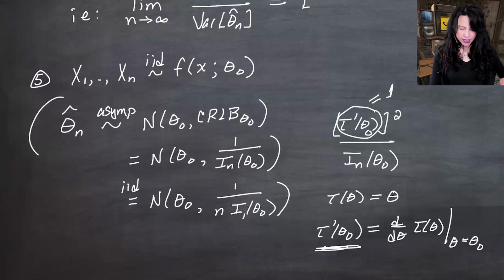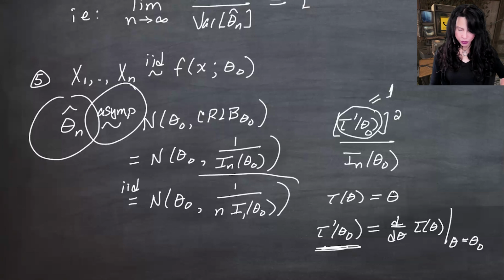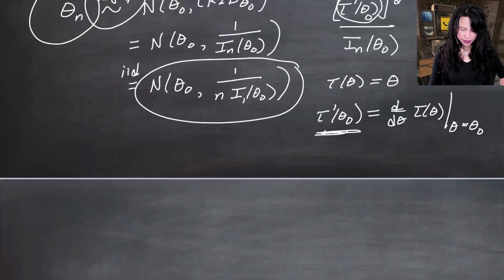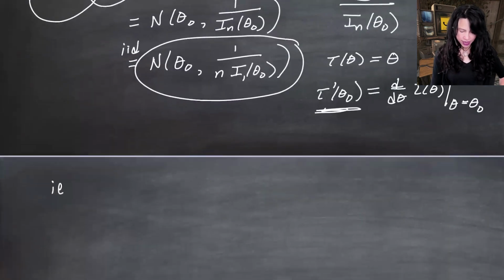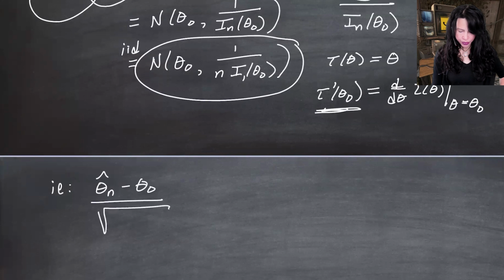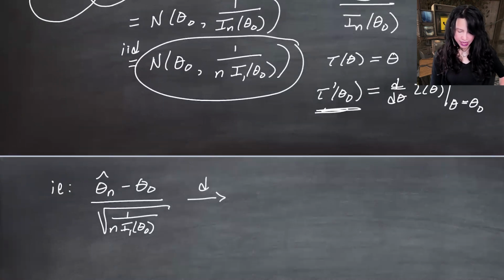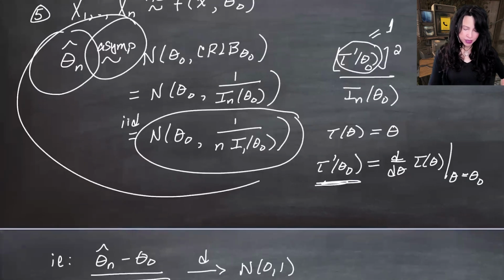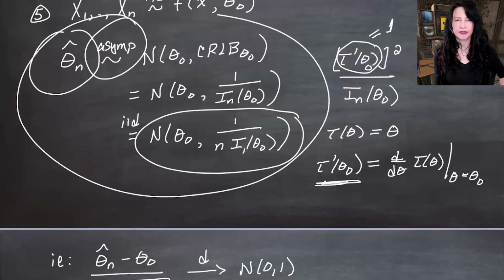So if this MLE is asymptotically normal like this, specifically that means the MLE minus theta naught over the square root of 1 over n times the one-dimensional Fisher information at theta naught needs to be converging in distribution to a normal 0, 1. That's what this asymptotic statement says, and that's what we want to prove.